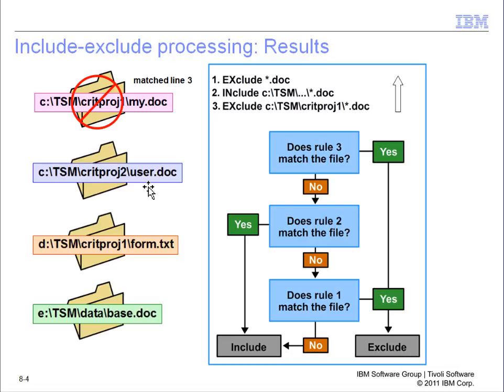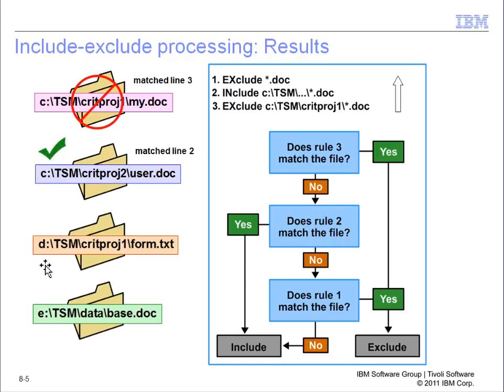Let's look at our next file, C tsm critproj2 user-doc. Does it match line 3? No. Does it match line 2? Yes. Any file in the tsm directory with a .doc extension will be included, except for what we've already excluded, because we will have made a match here. File 2 doesn't match line 3, but it does match line 2. So yes, and it would be included.